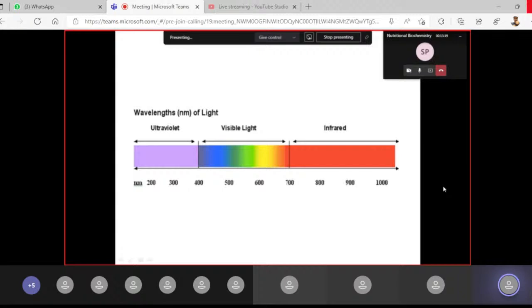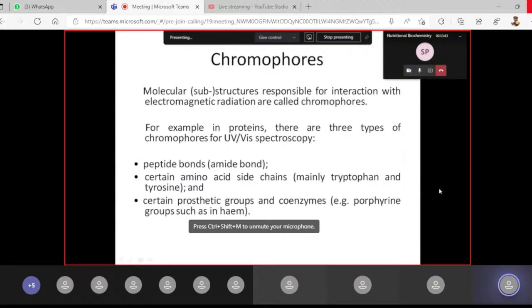Now, monochromatic light is a light of single wavelength. From this light, you select a light of wavelength 400 nanometer, or 300 nanometer or 350 nanometer, whatever it is, a single wavelength. That is known as monochromatic light.